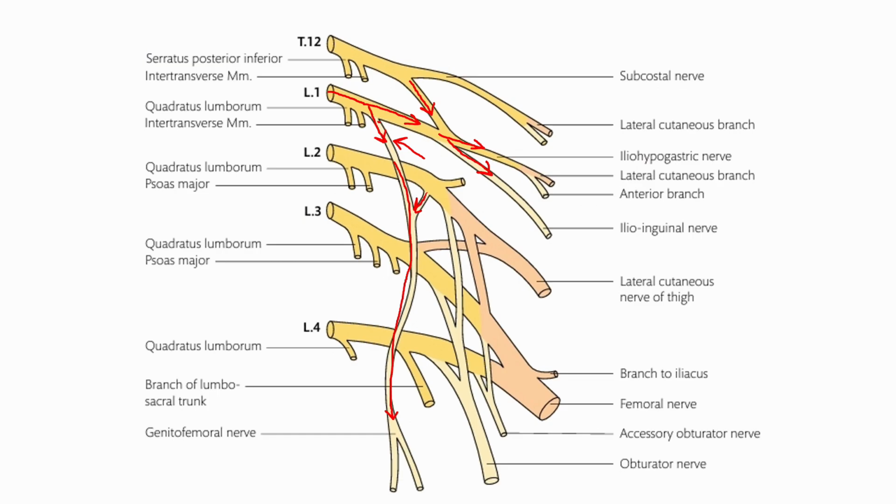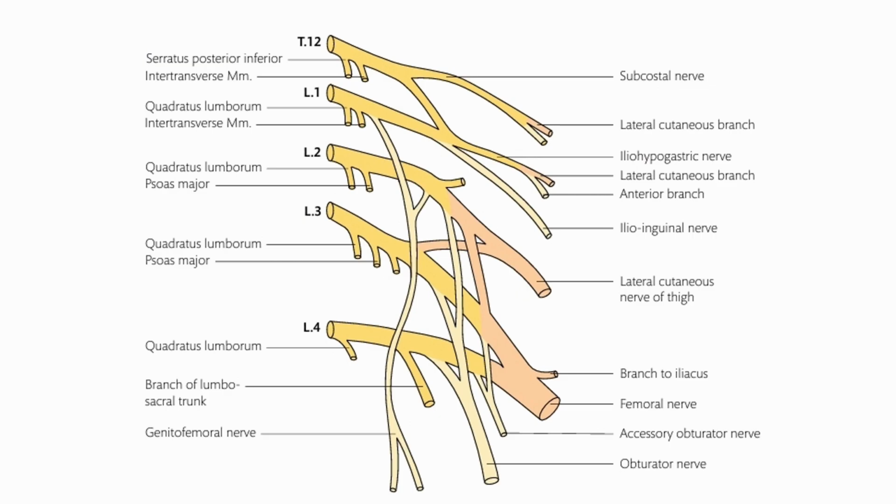The rest of the second lumbar, third lumbar, and fourth lumbar nerves divide into dorsal and ventral branches. The dorsal branches are shown with this orange color, and the ventral branches are shown with this pale yellow color.